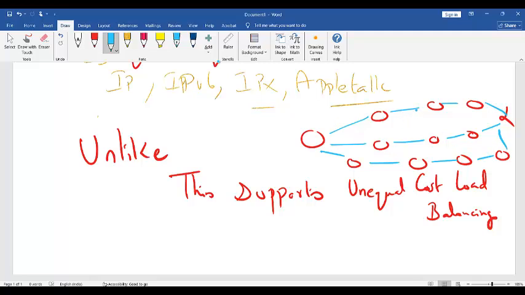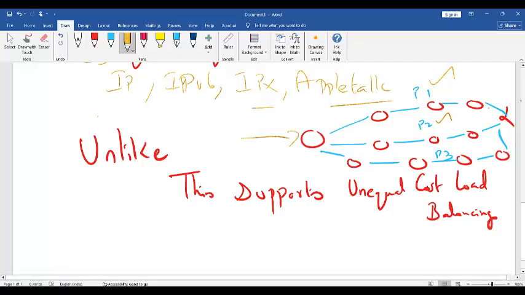I'll call these path 1, path 2, path 3. RIP will say I'll choose the paths with a low metric. So it picks P1 and P2 to distribute the load. When a packet comes to alpha, it'll send one packet this way, one packet this way, again one packet this way. That's how it load balances.